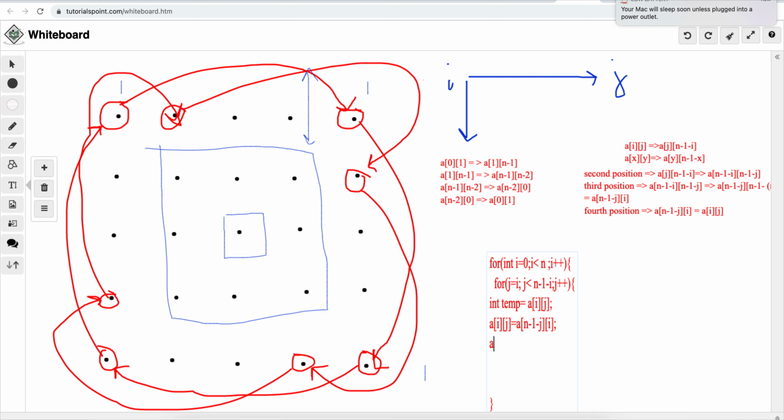Now the second last is this one. So this was the third position.